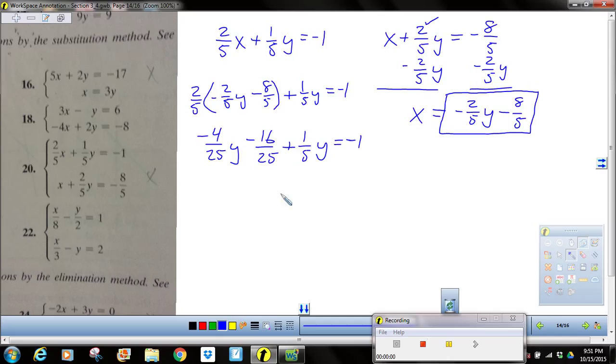Okay, at this point I do have a lot of fractions, and so I probably should go ahead and get rid of them to solve for y.